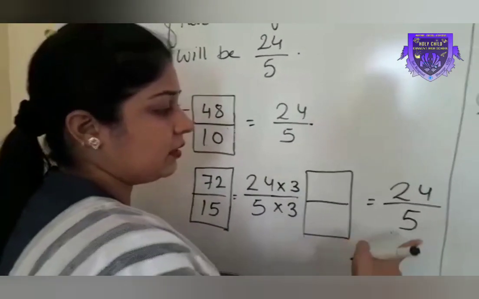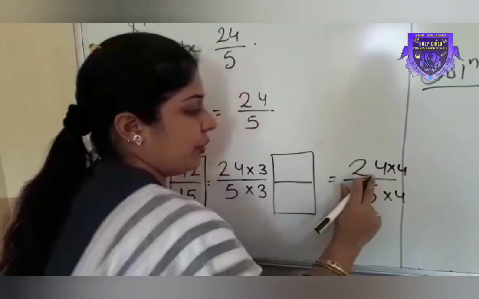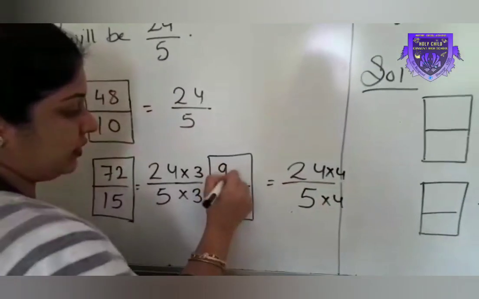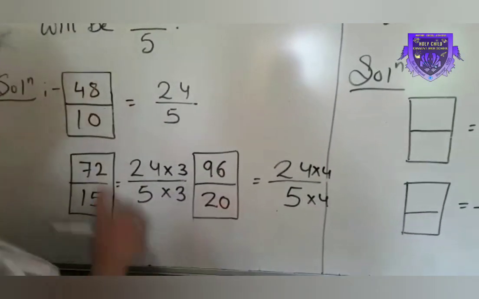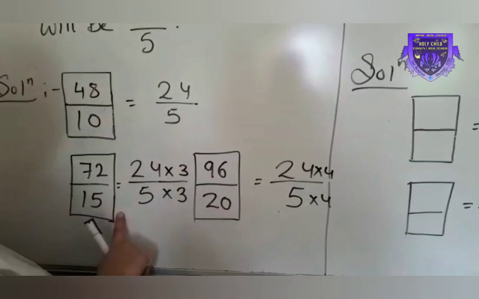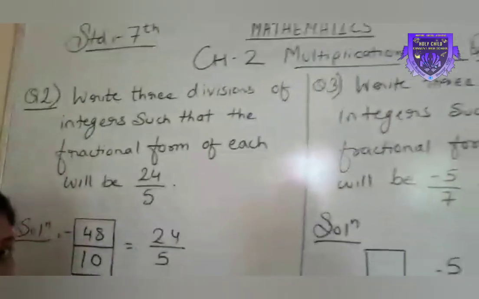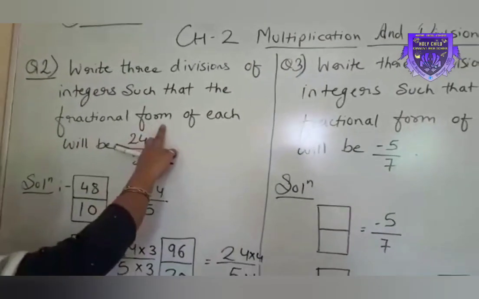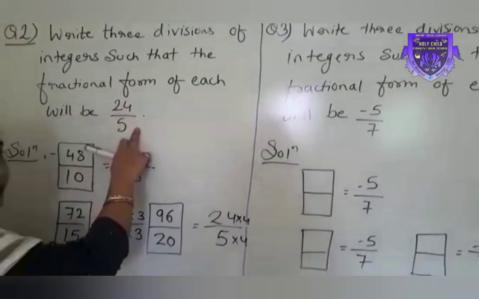Same for the third pair, we will multiply with 4. 24 fours give us 96. 5 fours give us 20. Means 48 upon 10, 72 upon 15 and 96 upon 20 are the three fractional forms whose answer is 24 upon 5.